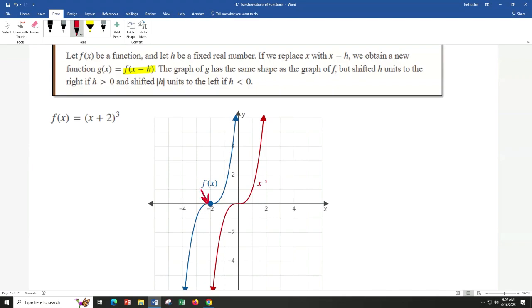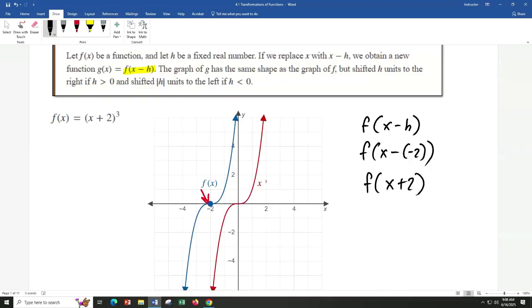Because look what happens whenever I put it into the function or the formula. F of x minus h, right? Well, how about f of x minus -2? What's that turn into? F of x plus 2. And I'm sorry, these are cubes. See what happened there? Now, that's one way to realize this. Now, realize when you see a plus 2, notice it's at -2.